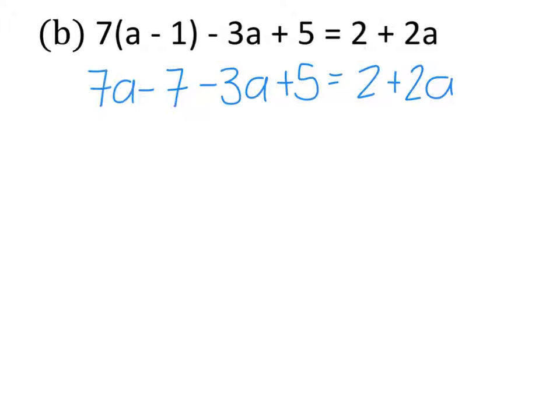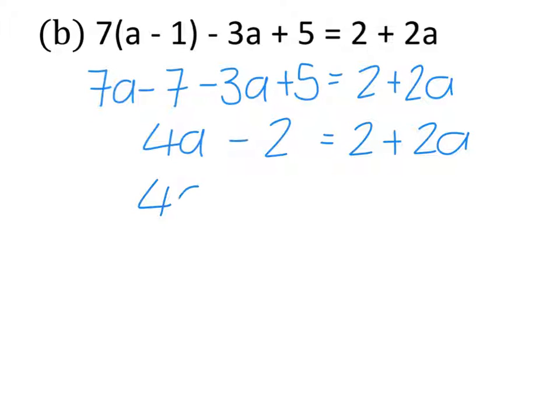But this time, before we do that, we're going to simplify. So we have 7a take away 3a and negative 7 plus 5. So 7a take away 3a is 4a. And then negative 7 add 5 is negative 2. So that's equal to 2 plus 2a. We're going to move the negative 2 onto the right hand side, and we're going to move the plus 2a onto the left hand side.